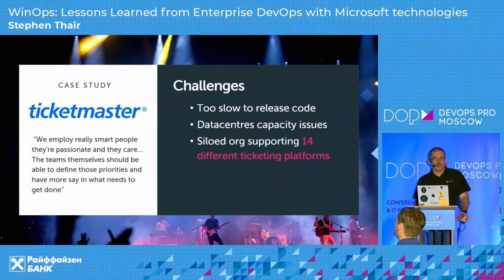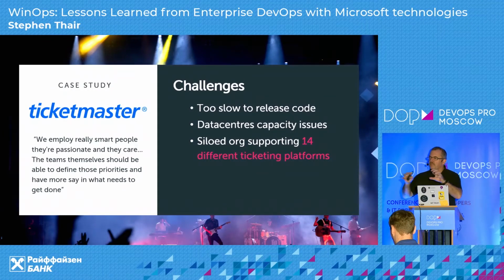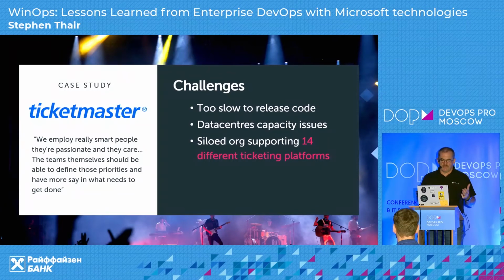But they'd grown very, very quickly over like the 10 or 15 years, and the biggest problem they had was that they had something like 14 different ticketing applications because they'd acquired different companies around the world, and every time they acquired a company, they got another ticketing platform and another ticketing platform. They had all these data center issues and just everything was too slow.